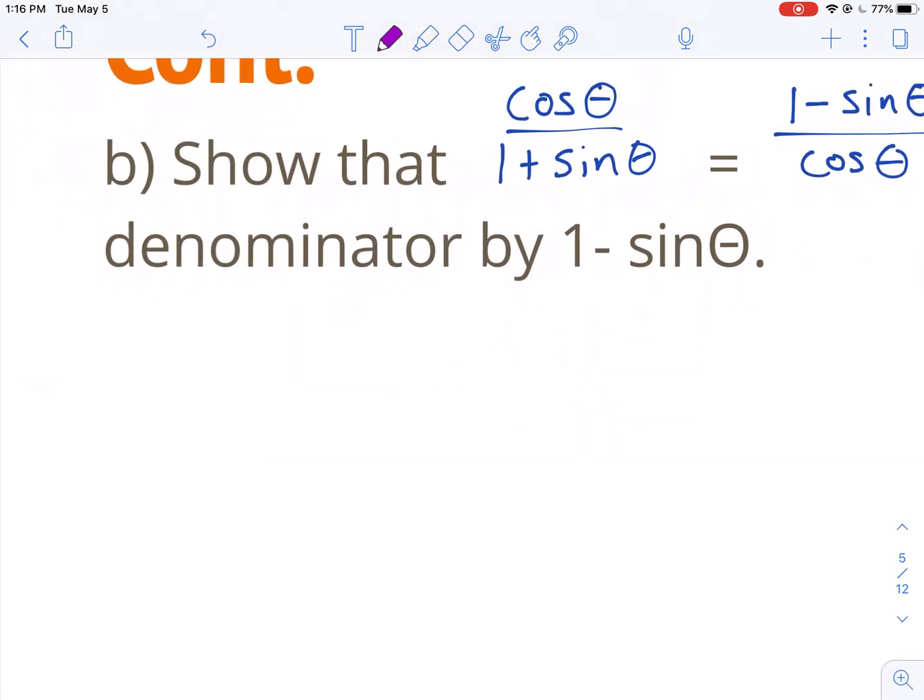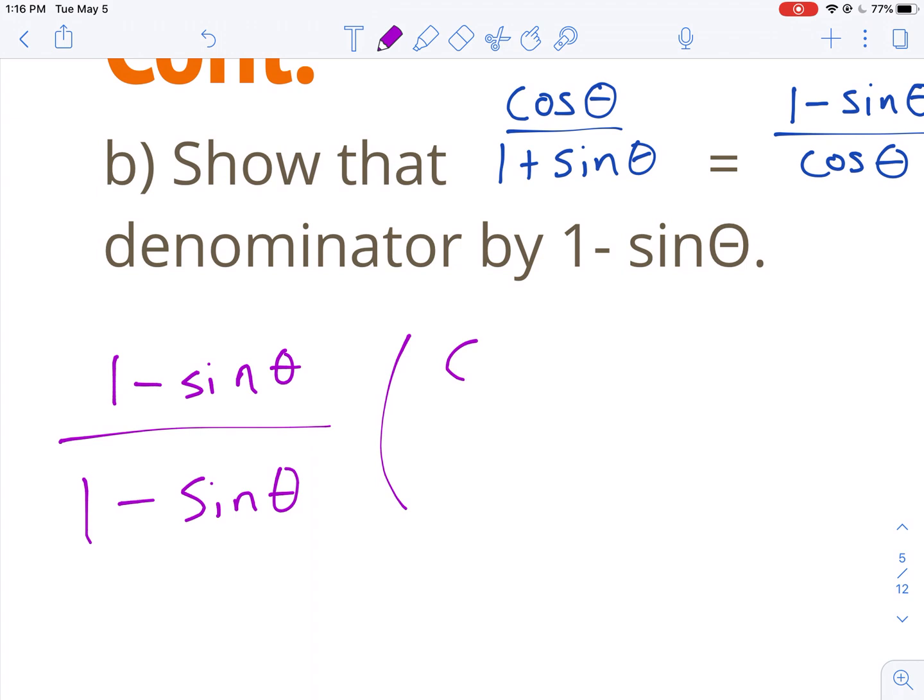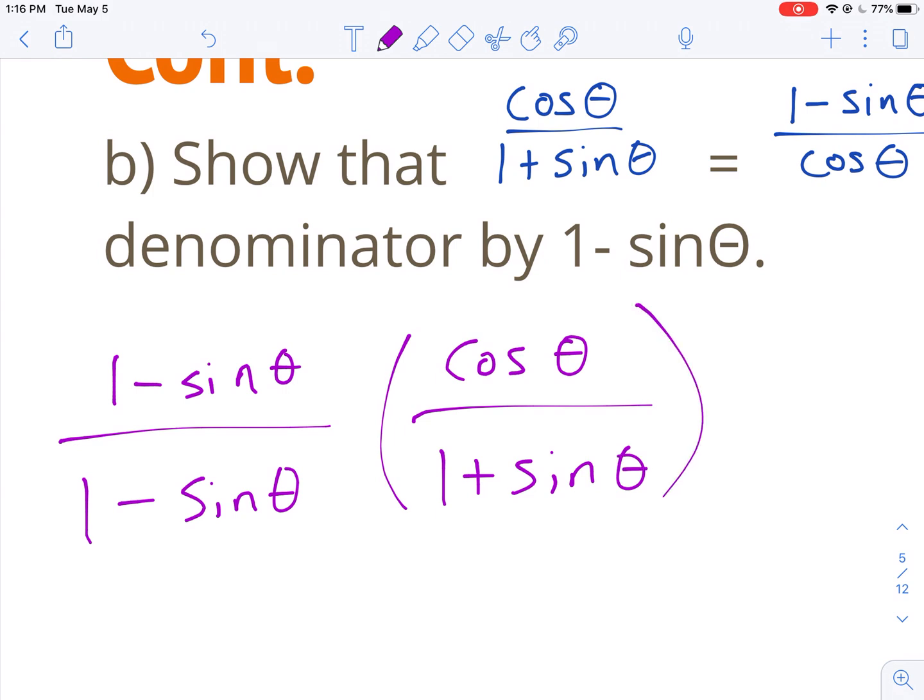I'm going to multiply 1 minus sine theta over 1 minus sine theta times the cosine of theta over 1 plus sine theta. This is completely allowed. This is just like algebra. This is just like anything we've ever done before. 1 minus sine theta over 1 minus sine theta is 1. So multiplying anything by 1 is legal. We can make 1 look however we want to make it look.